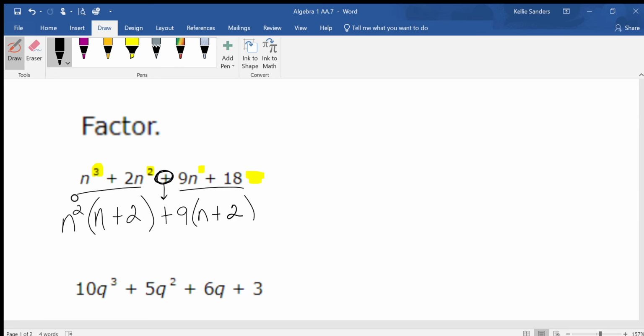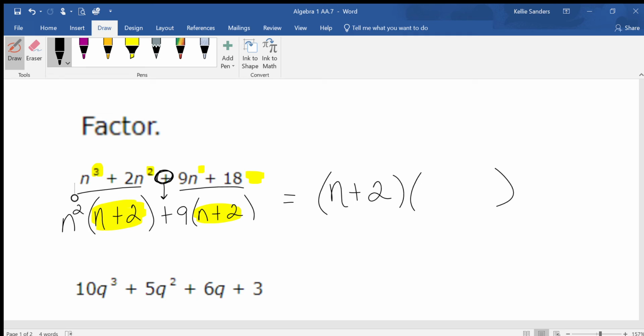We got n plus 2 left in the first line, and we had an n minus 2 both times. Because of that, that's supposed to happen, okay? Whatever is in both, the ones that are alike, you're going to write them down in one parenthesis.